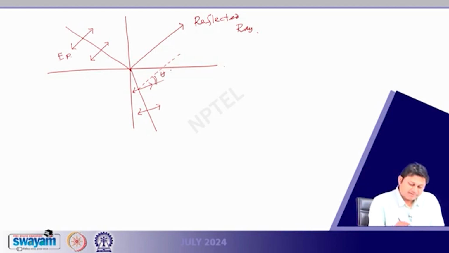So now what happens inside the system is that it makes the dipole oscillate. This is the dipole axis.